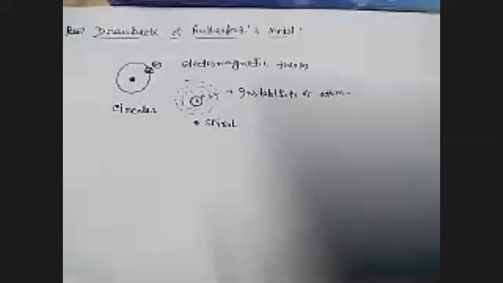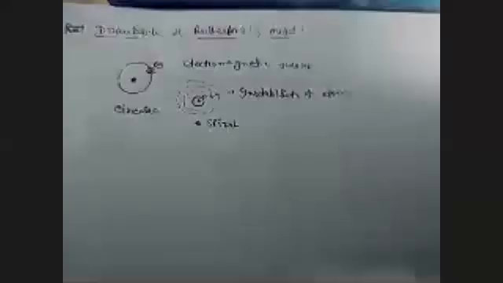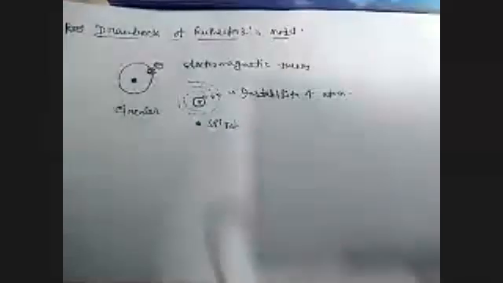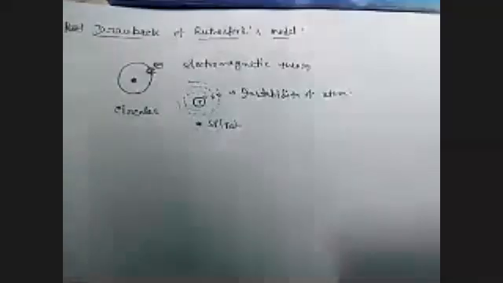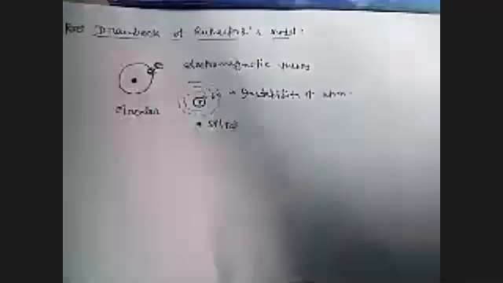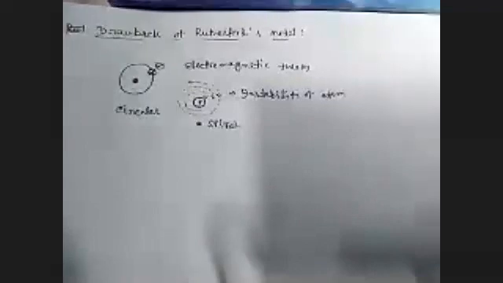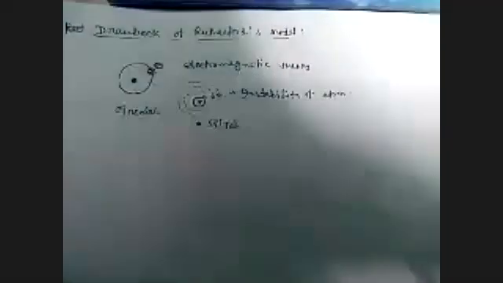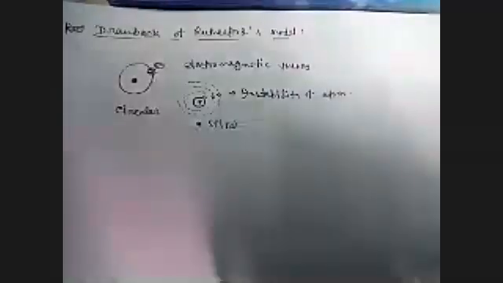Okay. So these drawbacks, the question of the path and the instability of the atom, were addressed by the scientist Niels Bohr. Remember, at the time of Niels Bohr's model there was no neutron, because the neutron was discovered in 1932 by James Chadwick, as I told you in the last class.